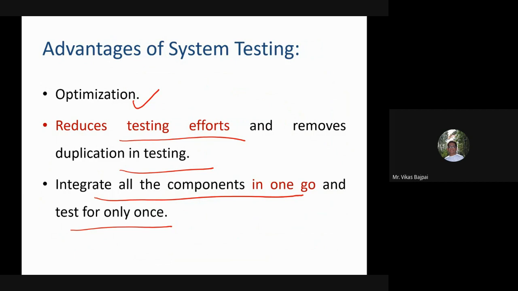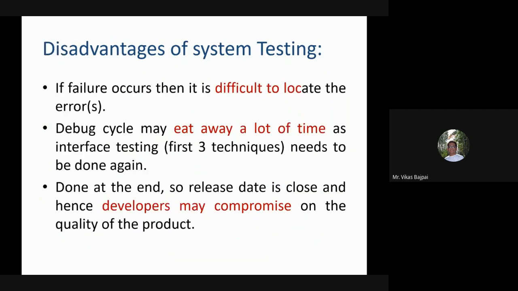Now, the next thing is that there are several drawbacks of this system testing. As I said previously, if a failure occurs, then it becomes difficult to locate the errors.